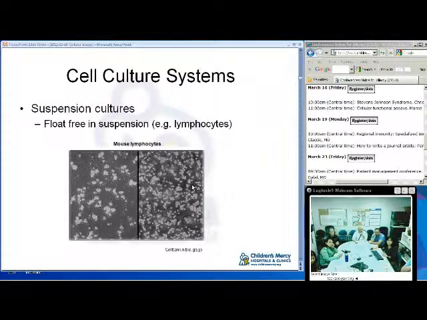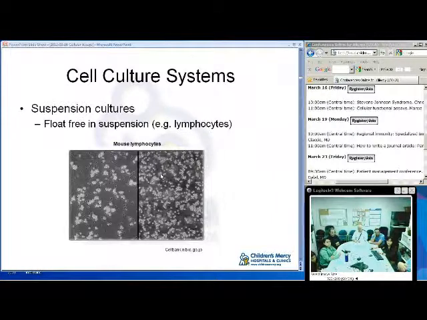And then we have those cells that grow in suspension, floating free. For example, lymphocytes do that, and under a light microscope you'll see them in various dimensions within the media. Some are farther down, and some are close up. These are two pictures, one with fewer cells and one with more cells.